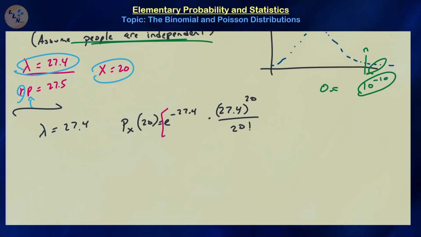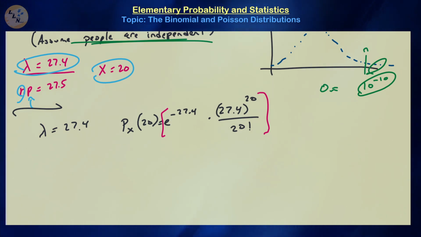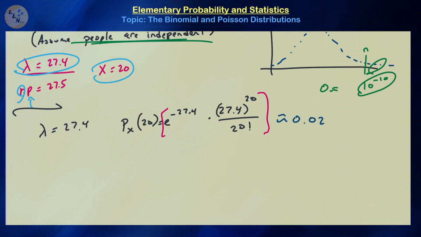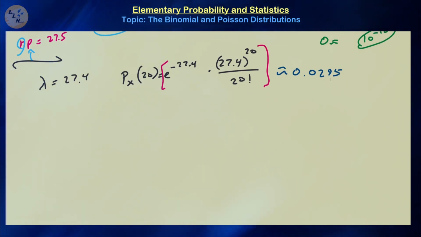So this would typically need to be done in a calculator. 20 factorial is a really big number, very, very big. So if that's the case, then we have some rounding issues if you do this by hand. But if you actually do this out in a calculator, you should get this is approximately equal to 0.0295, right? So that gives us the probability that exactly 20 people arrive at this restaurant is approximately 3%.